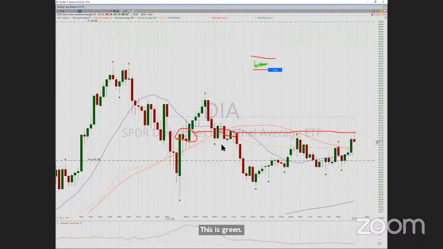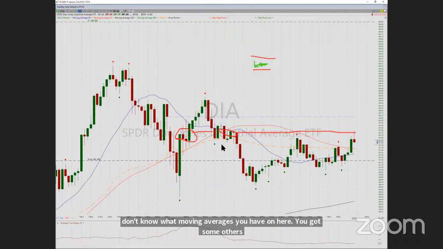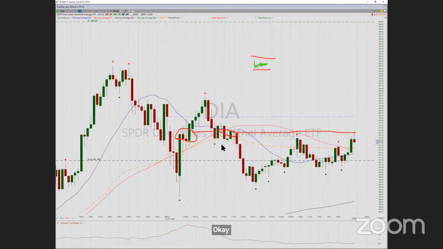Color it in, right? It's green, and vice versa if it's below. So looking at your 5-minute chart, and I'll explain this a little more for those that aren't familiar, I don't know what moving averages you have on here. You got 20, 60, and 200.